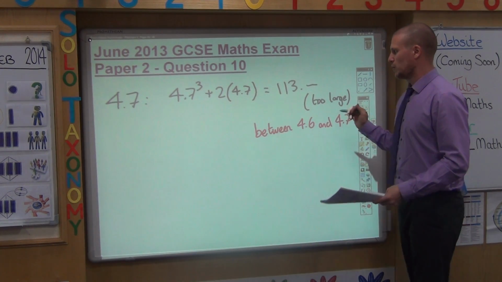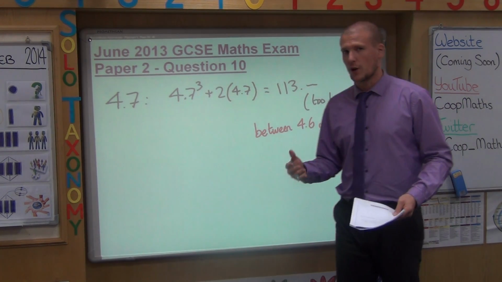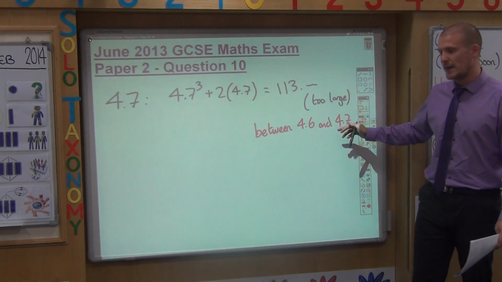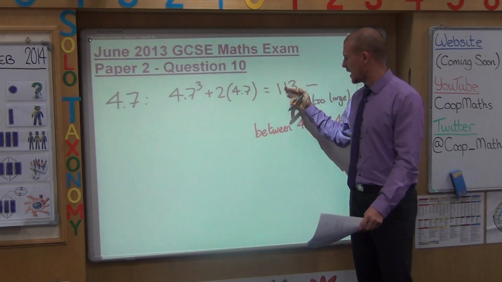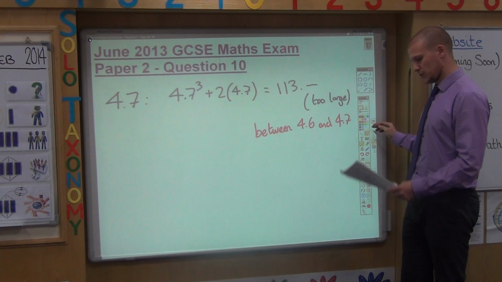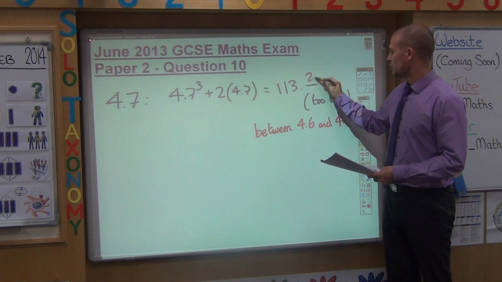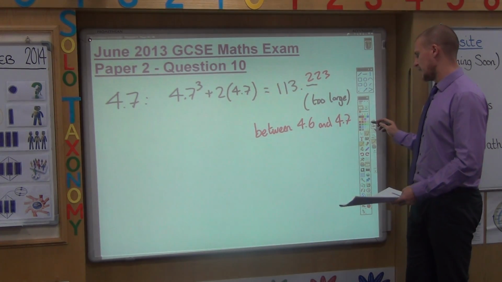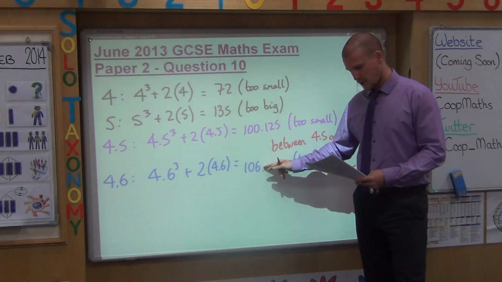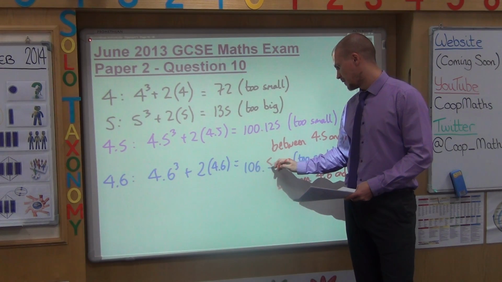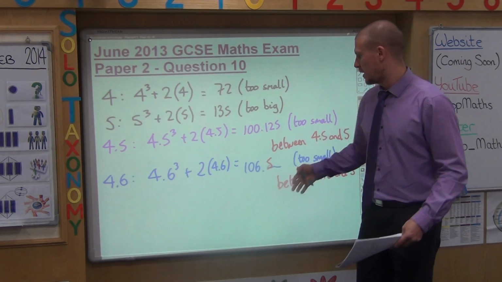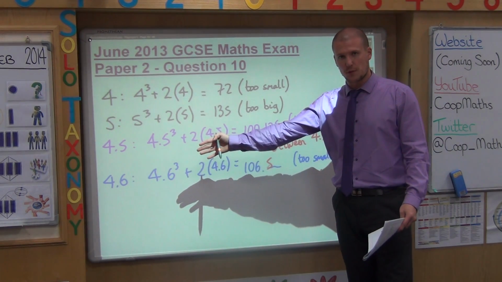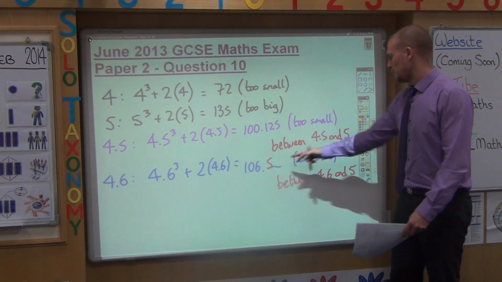But the general reason why I talk about this is at this stage here where you're between 4.6 and 4.7, it's very easy just to look at that number 113, which for the record was 113.223. So 3.2 away. And here, you look at it, it was 106.5. That one's 3.5 away.